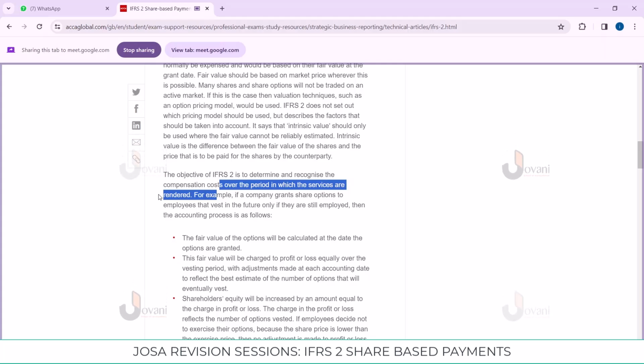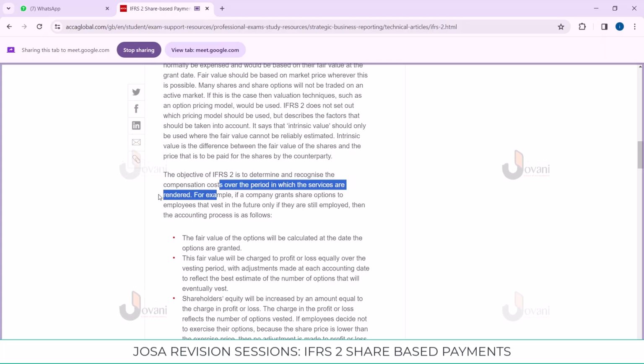Meaning that we talked about the vesting conditions. If it is not vesting immediately, it is going to vest in the future. And there are conditions that for you to qualify to become a shareholder of our company, you spend 5 years with us.